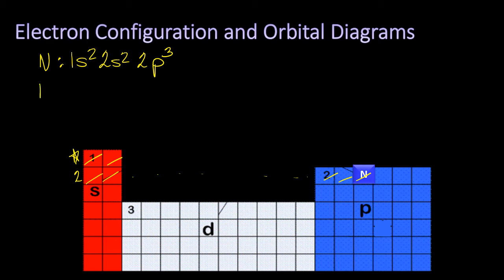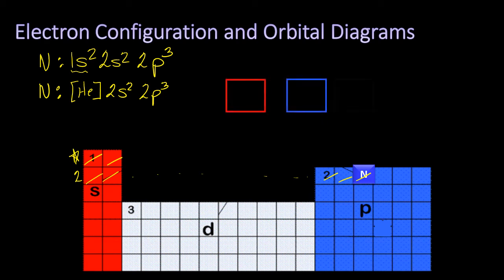Another way you could have written this is you could have substituted this with helium, and that would have been fine. It's called the shorthand method. 2s2, 2p3. Awesome.